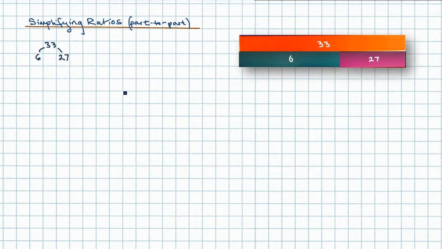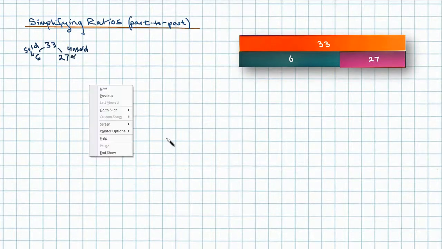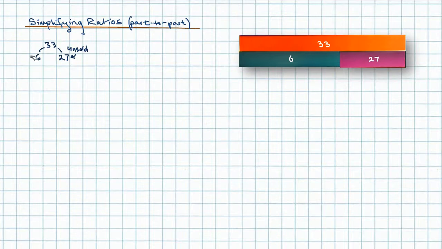So the question is going to ask us something like, well, what is the ratio of sold items, if these ones are sold, to unsold items, so these ones are unsold. So it'd be that sort of real world context that they tend to give you in maths tests and puzzles and problems.